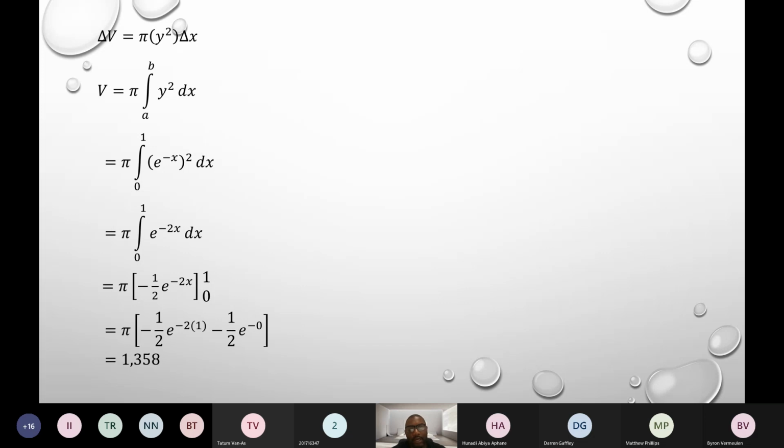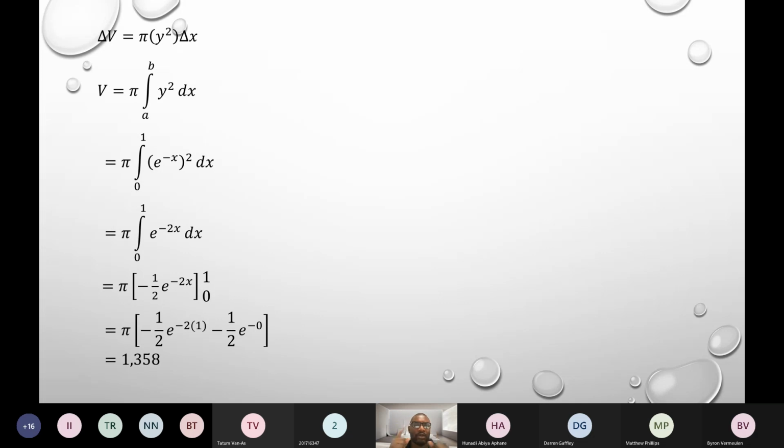Remember there might be shell method for calculating volume. Always keep that in mind. Shell method is when your limits are in the x and it is rotating about the y, or maybe your limits are in the y and it is rotating about the x. But in these 2 examples, where the limits are and the way it's rotating, it was the same.